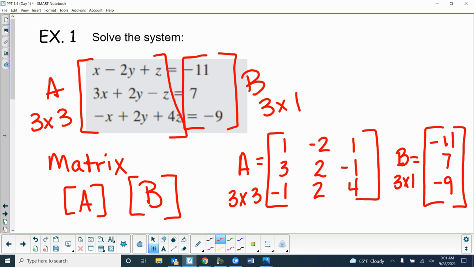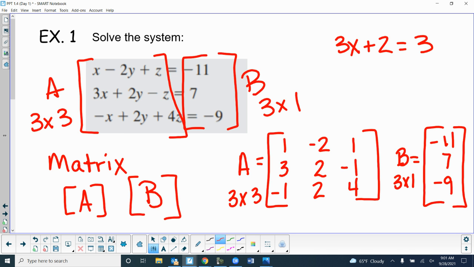Now, when we solve equations, we move things from one side to the other, right? Like if I had just a quick little linear equation here, what would I do first to solve that equation? Subtract the 2, right? The additive inverse of +2 is -2.